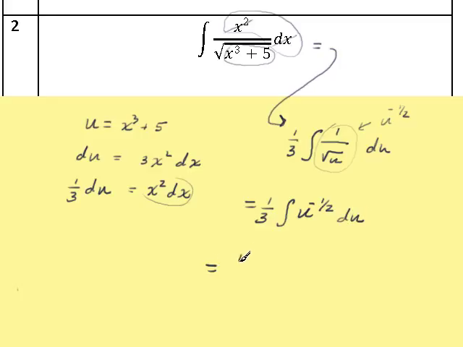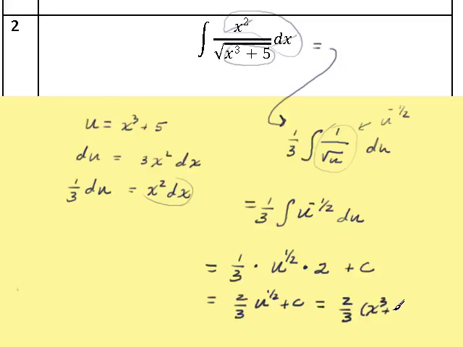Now we'll just do the power rule. Add 1 to the exponent: minus 1/2 plus 2/2 is 1/2. Divide by 1/2, or multiply by 2. So we get 2/3 u to the 1/2 plus a constant. Let's substitute back: u is equal to x cubed plus 5, so that's 2/3 (x cubed plus 5) to the 1/2 plus a constant.